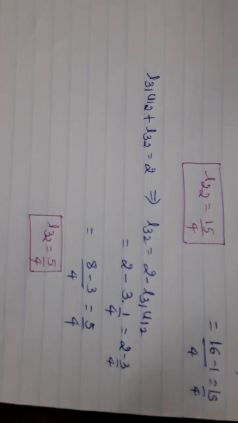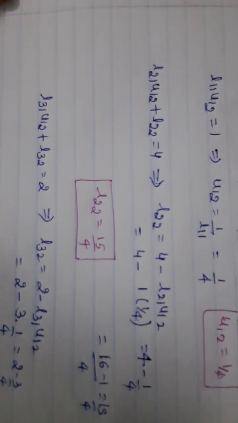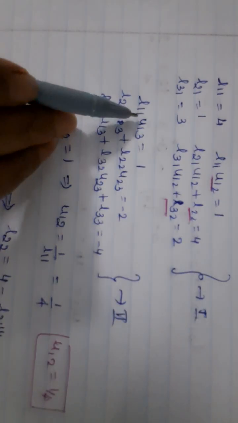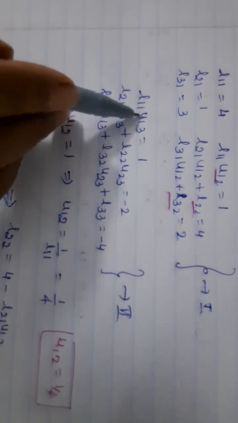Now you got L32. Once we got L32, by considering system 2, this equation, let us find out the remaining values. From here you know L11, so we can find out U13 from this.